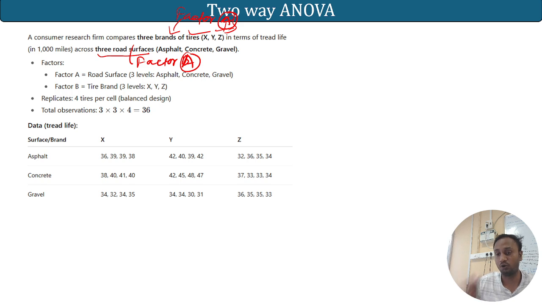So we have two factors, X, Y, Z, and then asphalt, concrete, and gravel. It means we have three levels for each factor.